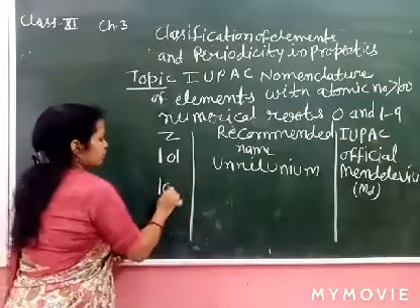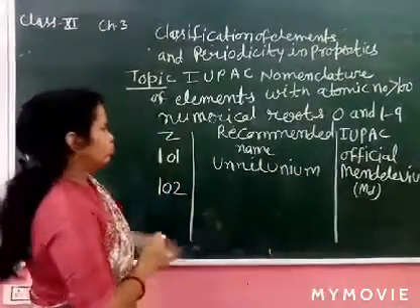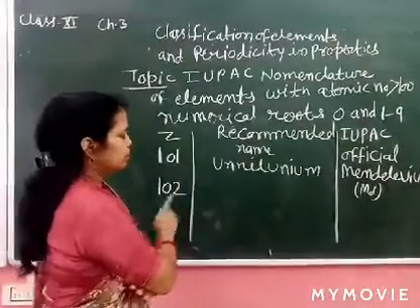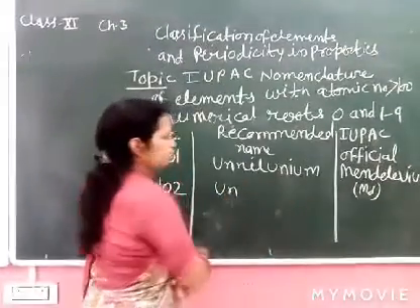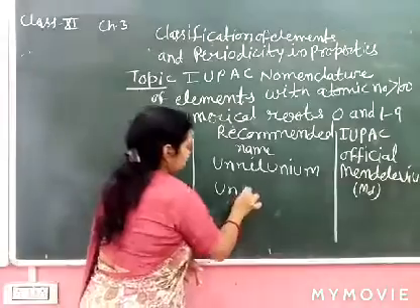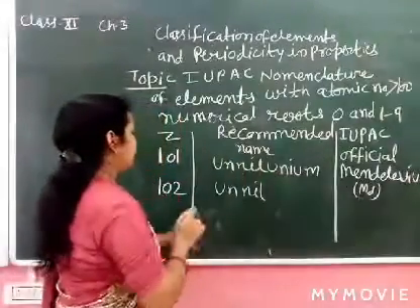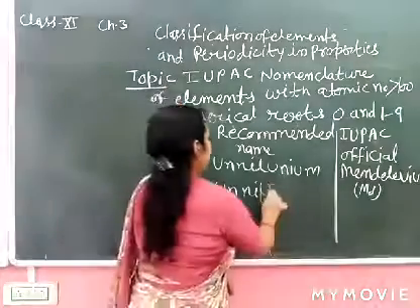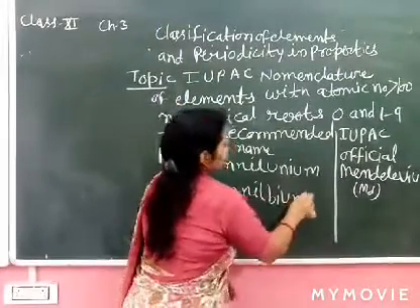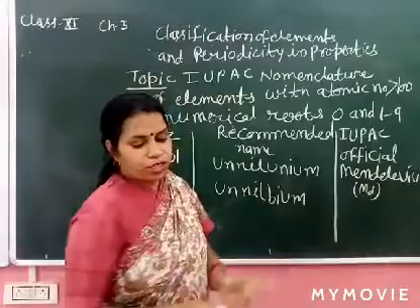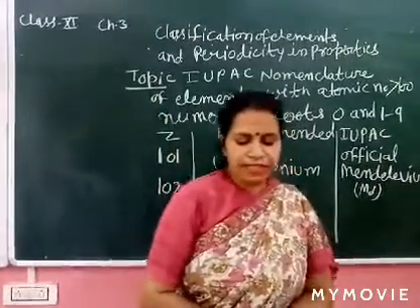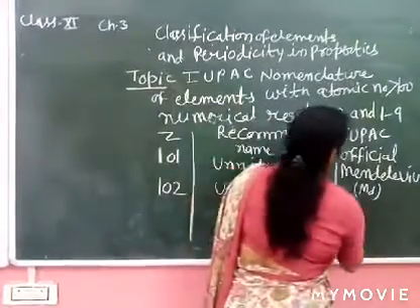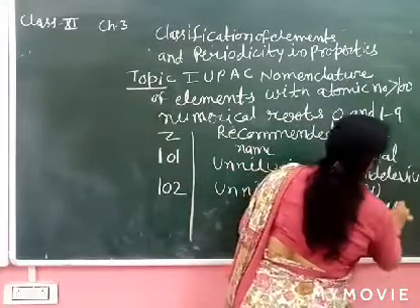Next is 102. You have to write up to 120. For 102: un, nil, and 2 is bi, so Unnilbium. What is its official name? Nobelium.